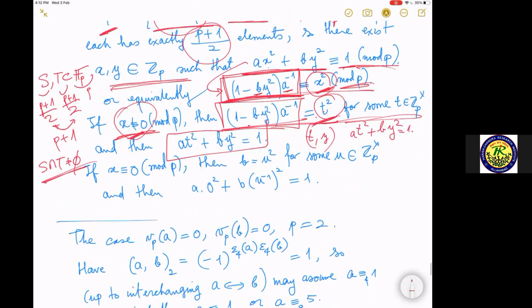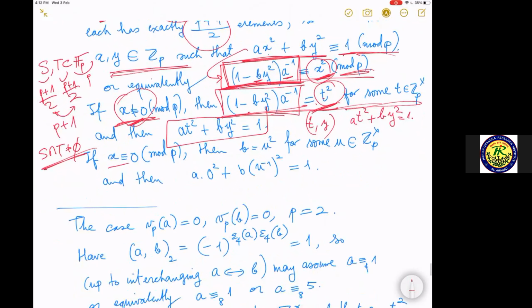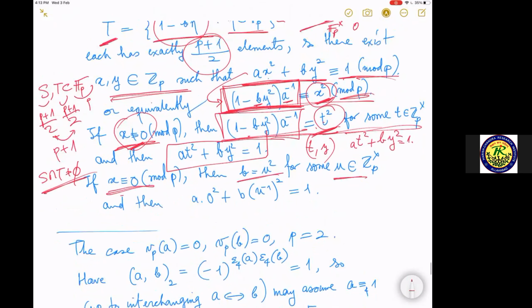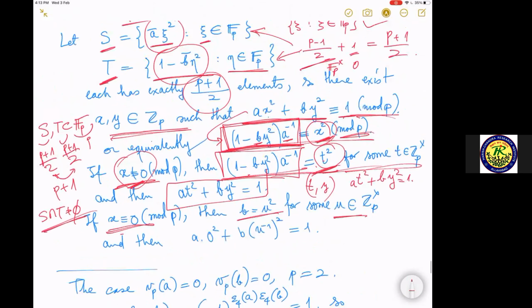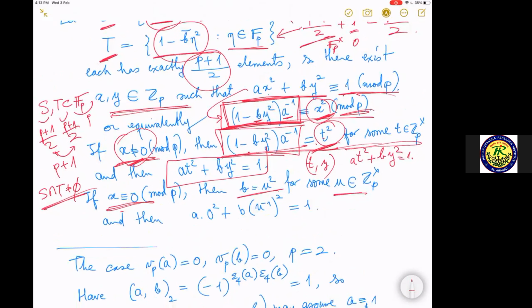But what happens if x is congruent to 0 mod p? Then of course b is equal to u squared for some unit. Because if x is congruent to 0 mod p, then this b is going to be a square modulo p, and that's it.